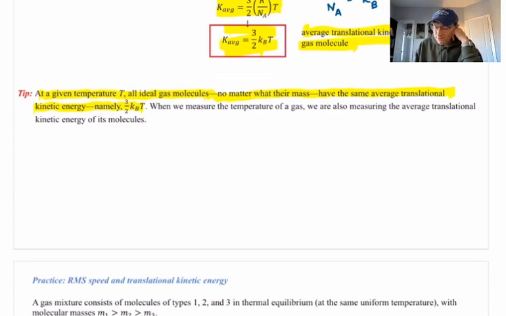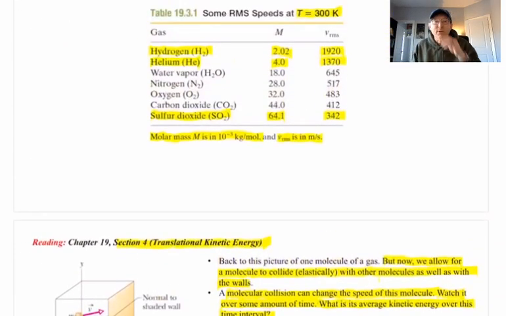So when you measure the temperature of a gas, you are in essence measuring the average translational kinetic energy of its molecules. So if we refer back briefly to the table that I showed you, table 19.3.1, which were some RMS speeds at a given temperature for different gases, notice then, if we asked you, because they do have, you can see they all have different RMS speeds, these gas molecules or atoms, how would their average kinetic energy values of the molecules compare?